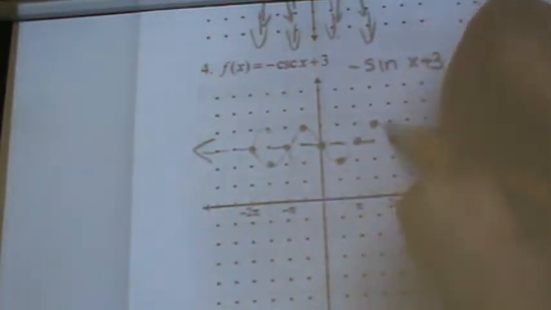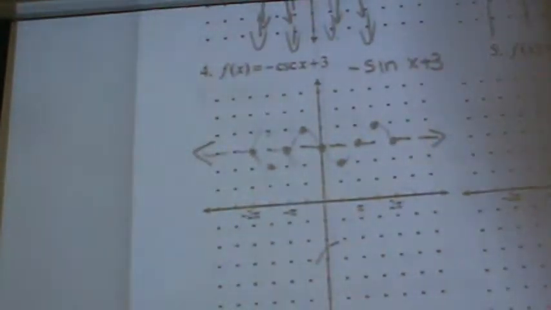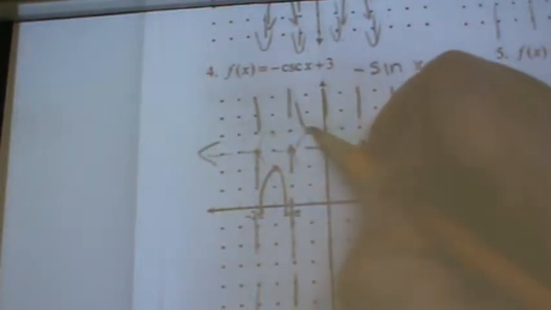Oops. Some people will use different colored pens, which is fine. So where are your asymptotes? All of the zeros are your asymptotes. And your graphs are gonna be here, here.